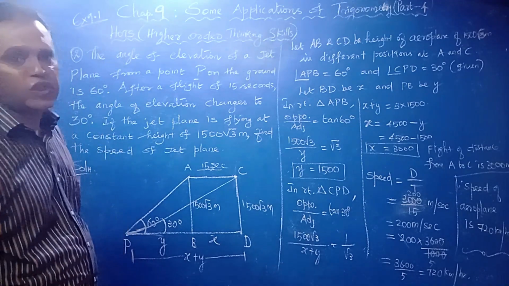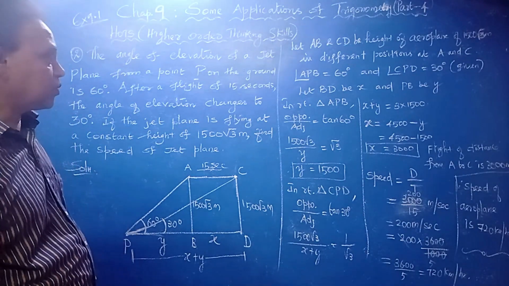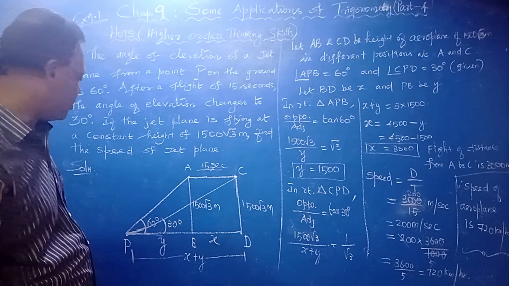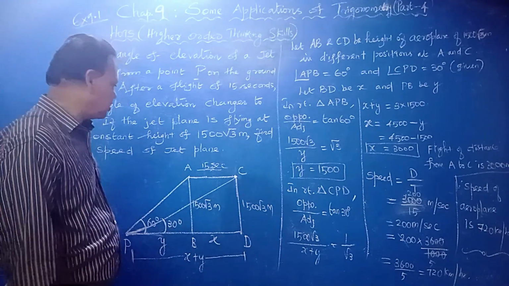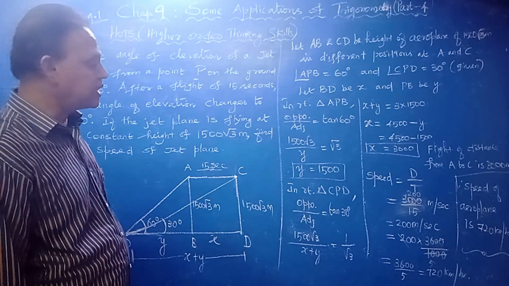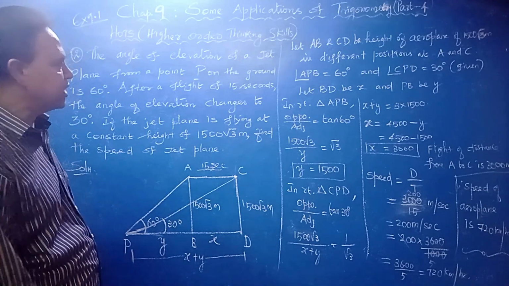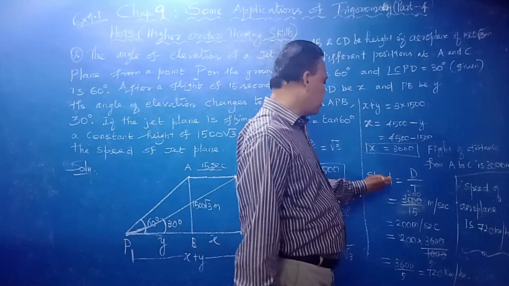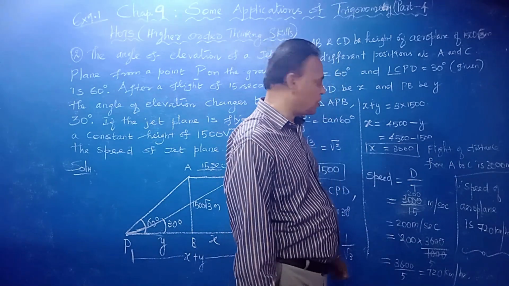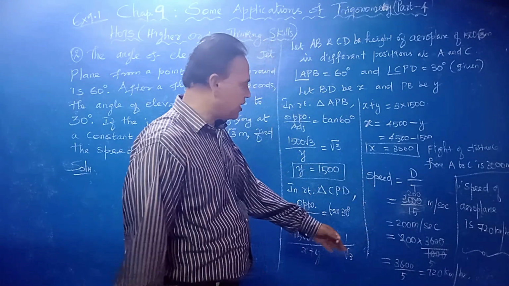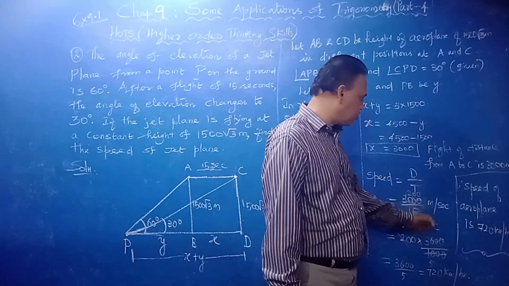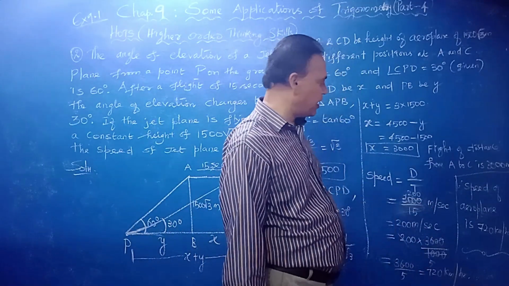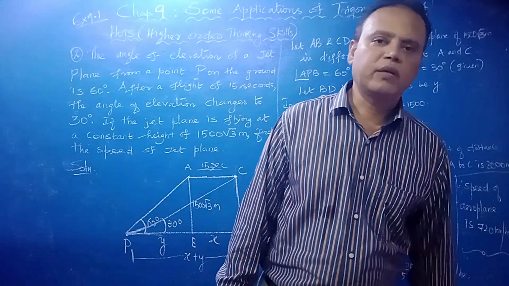Understand? So like this, you have to do this kind of problem. Be thorough with the concept and what is given, then you can easily do it. Use the idea that speed equals distance by time, and then change the units. Always change speed into kilometer per hour.